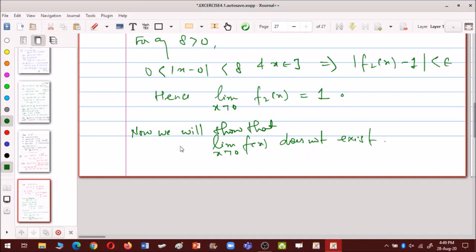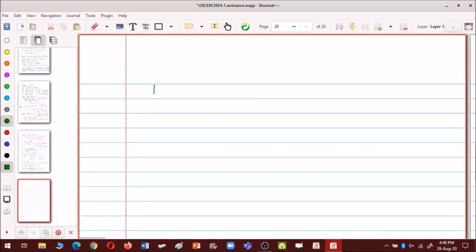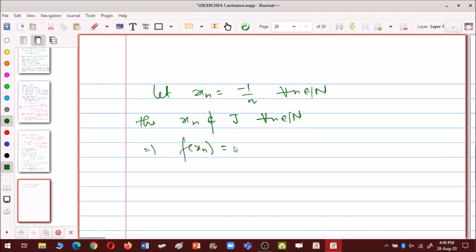So we will use the divergence criteria. Let x_n equal to minus 1 by n for all n belonging to N, then x_n does not belong to J for all n. So this implies f(x_n) is equal to 2 for all n, and this implies f(x_n) converges to 2.